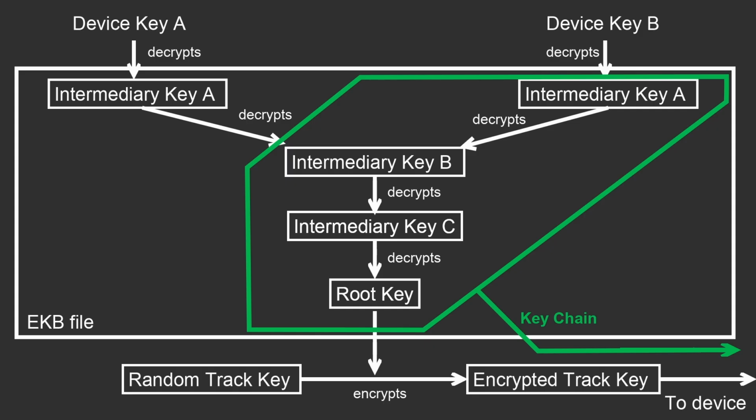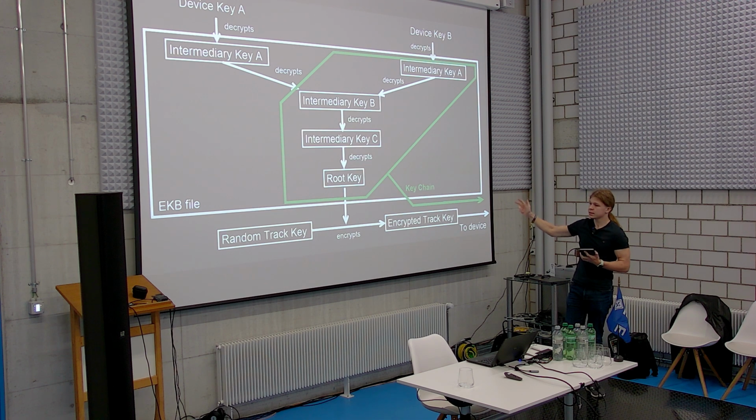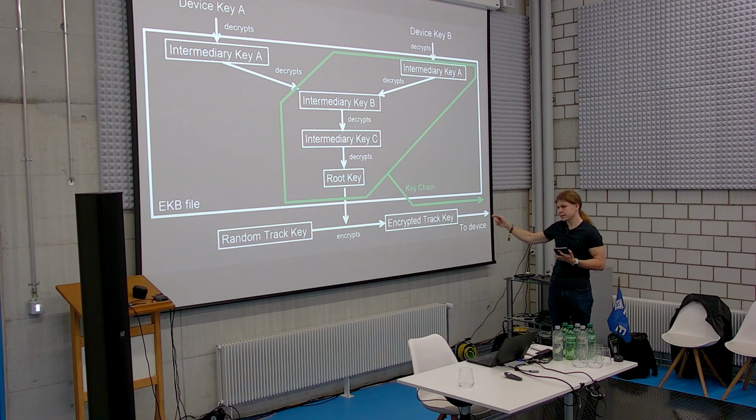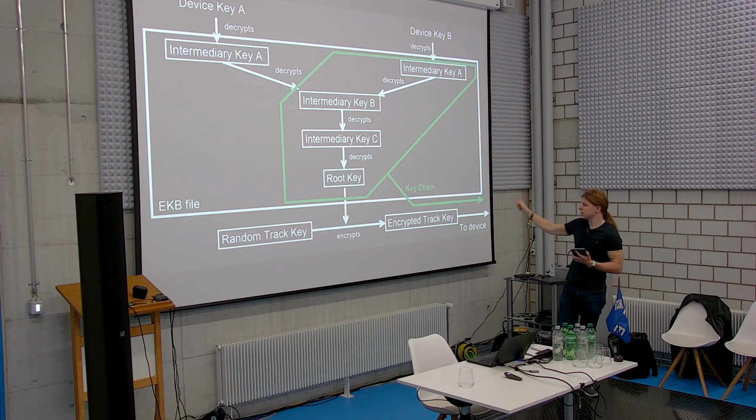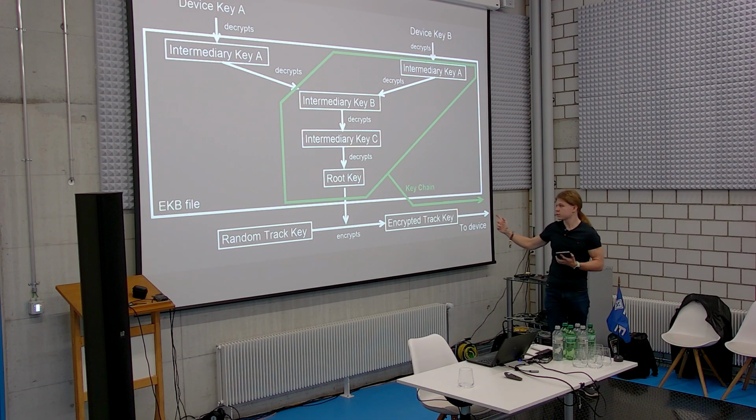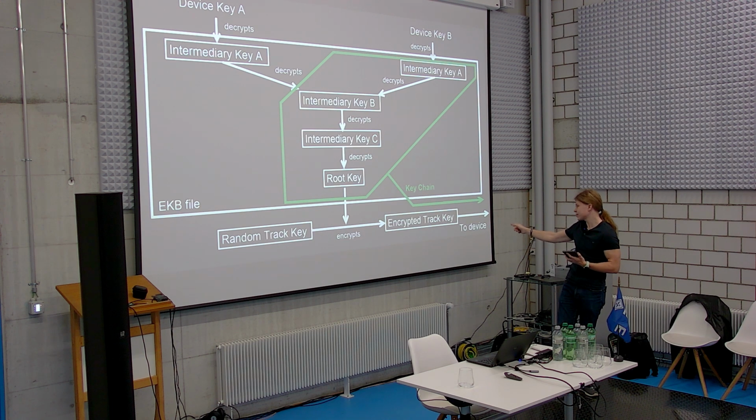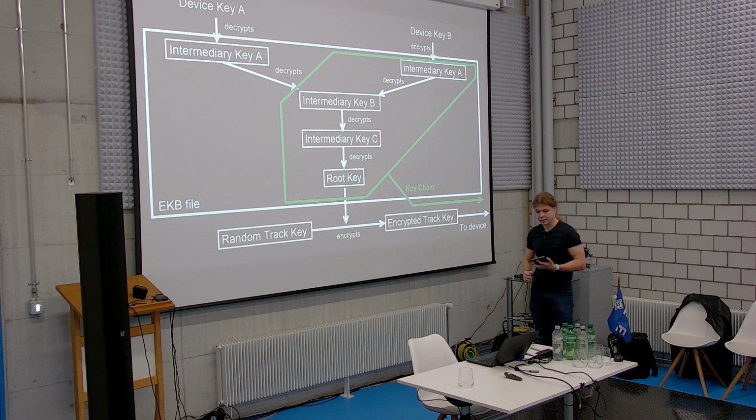These files were part of the SonicStage and OpenMG codebase. And every time you transferred an audio file to these devices, the OpenMG software had to derive all these keys, having one key decrypt another, and another, and another, to reach the root key, which ultimately encrypted the random track key. The whole key chain used to discover this root key and the encrypted track key, and the data encrypted using this track key, got sent to the device, and then the device decrypted it.